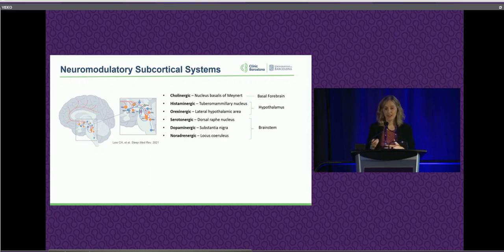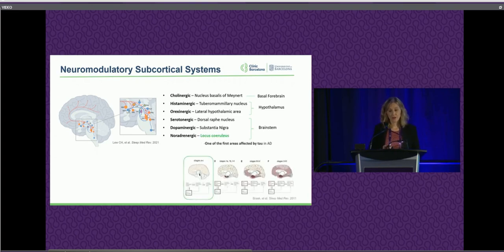For instance, the nucleus basalis of Meynert releases acetylcholine, the substantia nigra dopamine, and there are orexin and histamine in the hypothalamus. And there is one special nucleus that has gathered more attention in recent years, the locus ceruleus, which is the main source of noradrenaline in the brain.